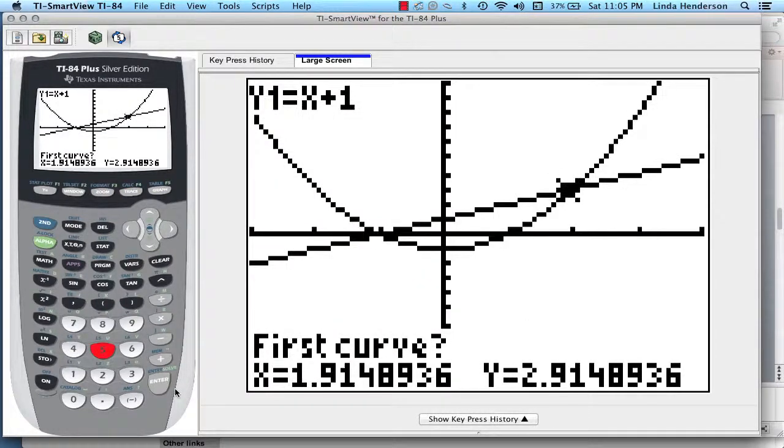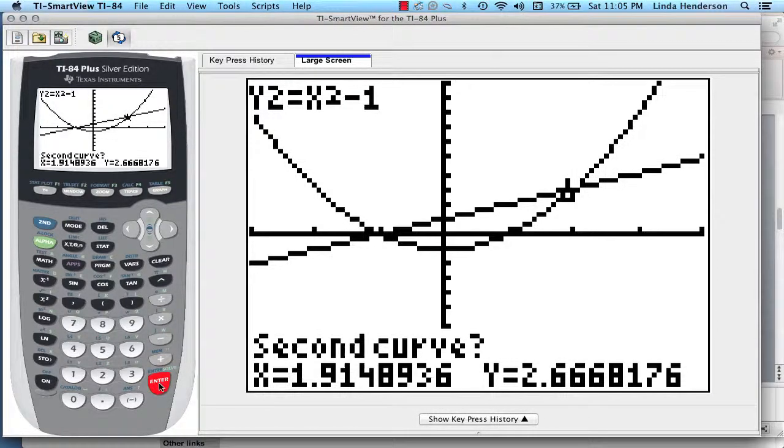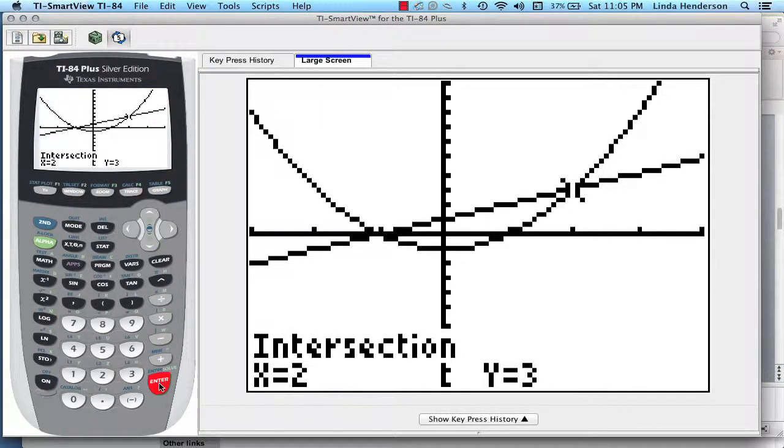Now since our cross sections are perpendicular to the x-axis, we know this is a dx problem. So our limits of integration are the x values of these points of intersection. In this case, our limits of integration are going to be -1 to 2.